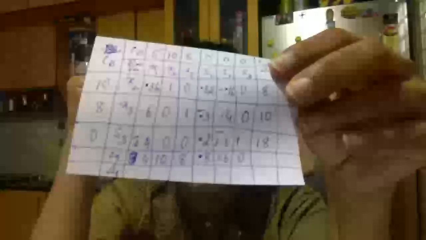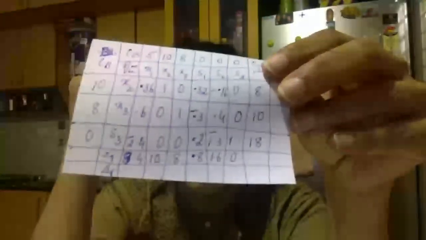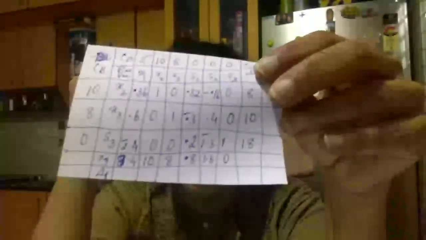Correct, it is 8.4. Okay, 10, 8.8, 1.6, 0. Just tell me whether these are correct: 8.4, 10, 8.8, 1.6, 0.